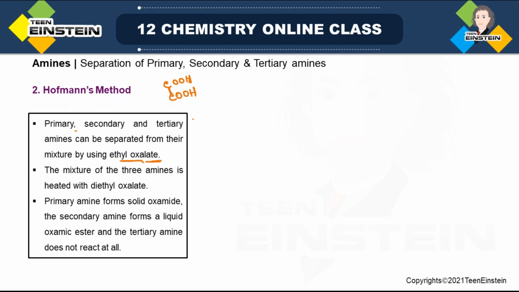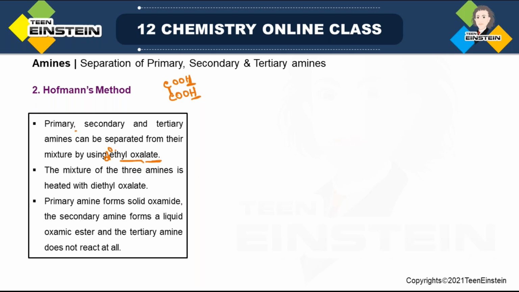So when I am saying ethyl oxalate, that means these two H will be replaced by ethyl too. Sorry, not just replaced, I am trying to say it will be some ester, that is ethyl ester of oxalic acid. Now this mixture of 3 amines is heated with diethyl oxalate.